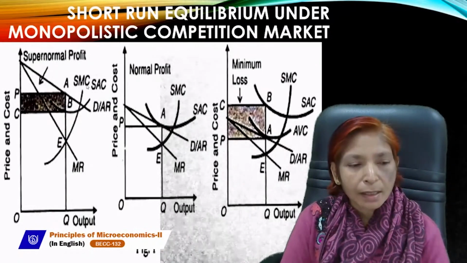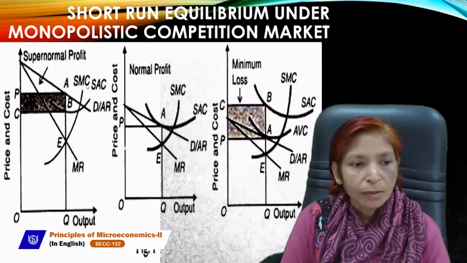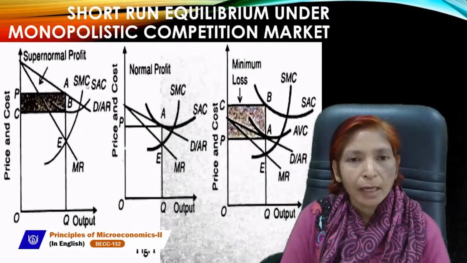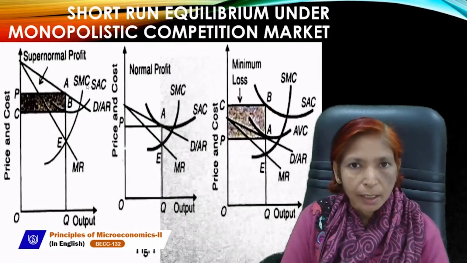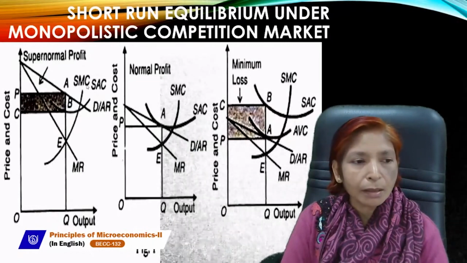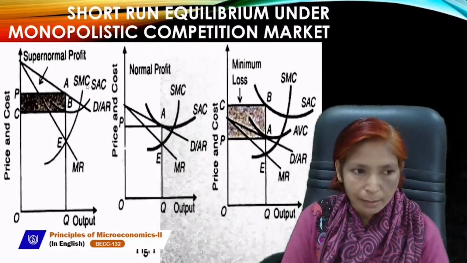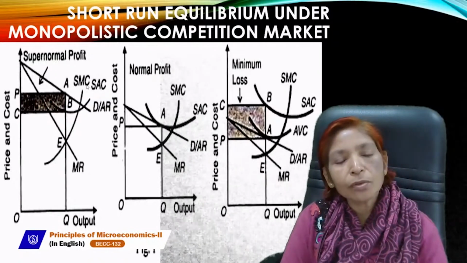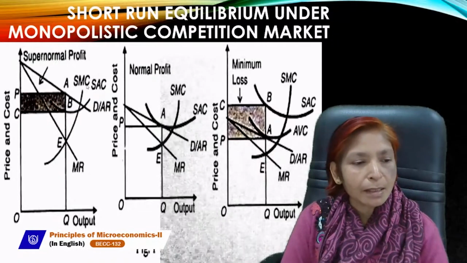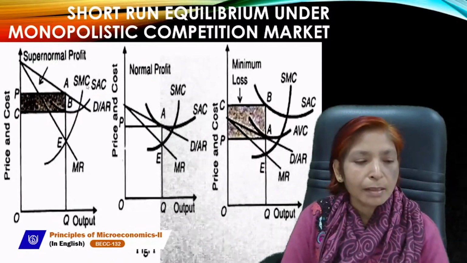If we join this line to the x-axis, then we will get output. And if we extend this line to the AR curve, then we will get the equilibrium price, because AR is always equal to price. Here the price is OP and the quantity is OQ.